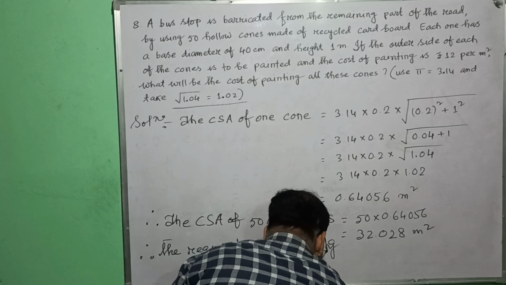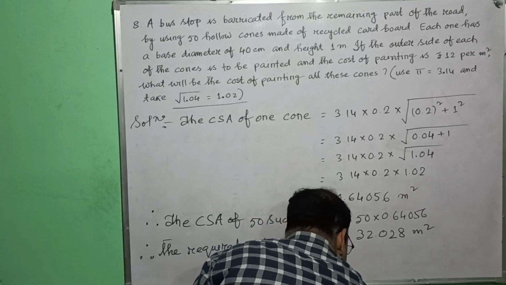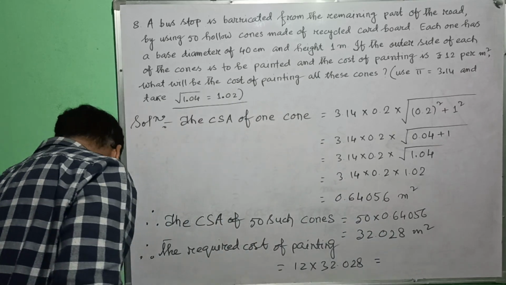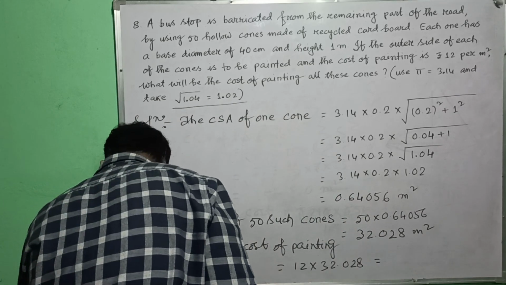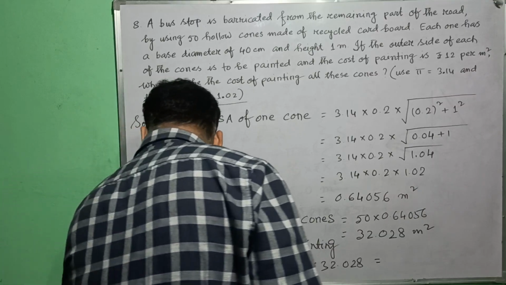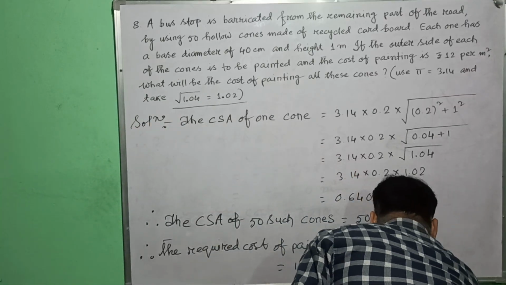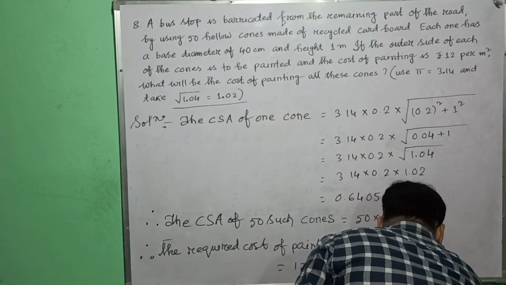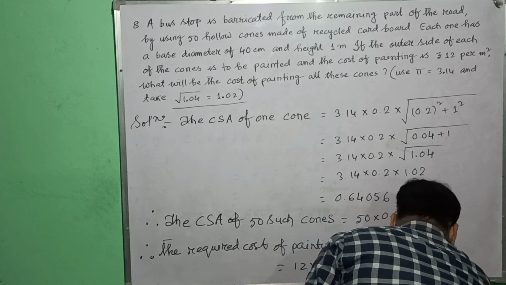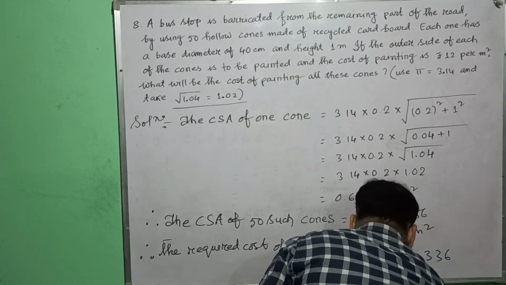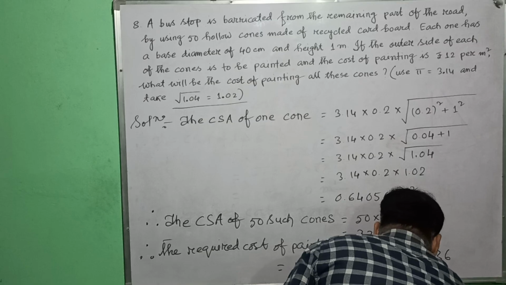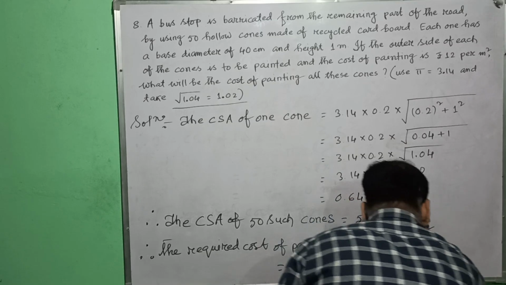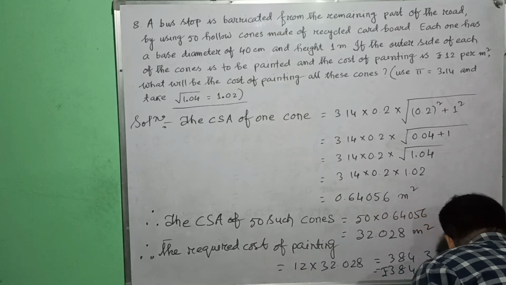So 12 into 32.028 gives us 384.336. So we can write it 384.34 rupees, and here we must write approx.